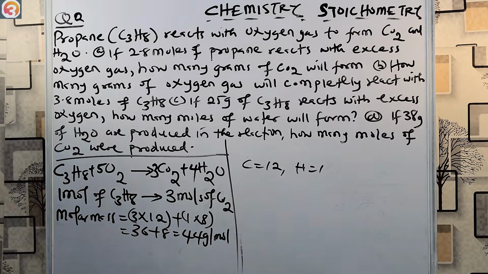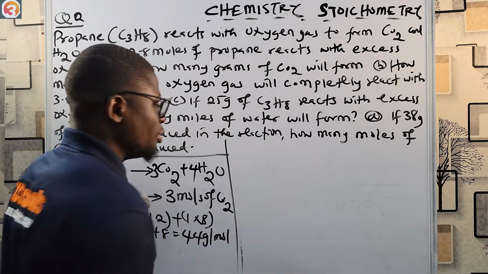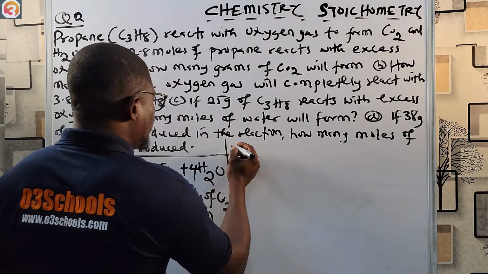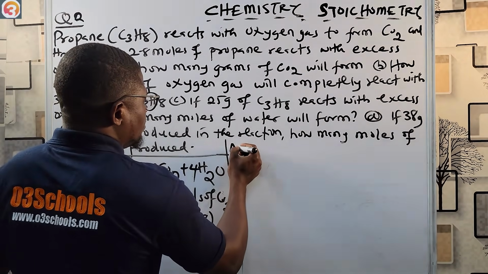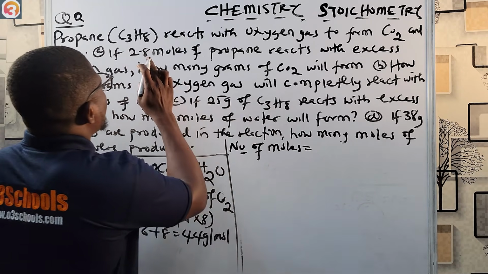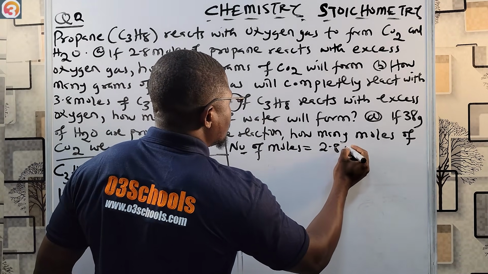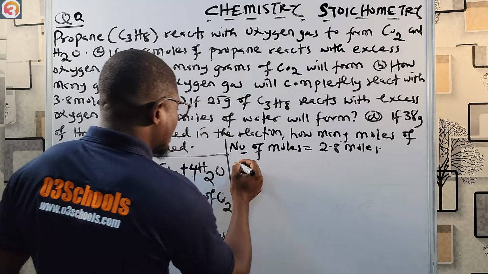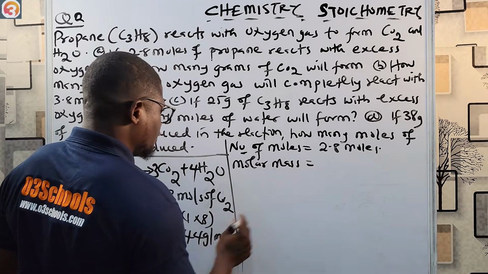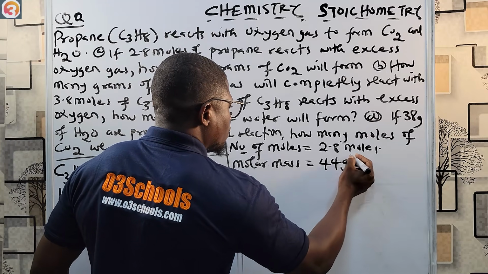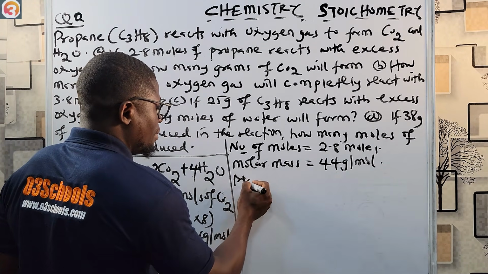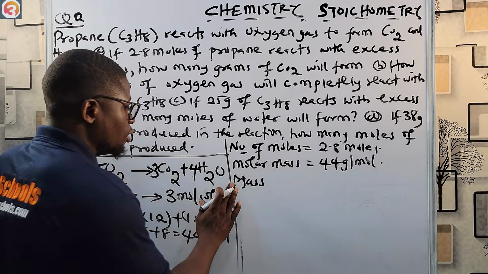Since we know the molar mass, we can now calculate the mass of propane, because we know the number of moles. The number of moles of propane is 2.8 moles, and the molar mass is 44 gram per mole. Then we can look for mass from the formula of number of moles.